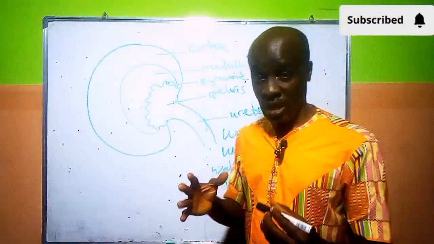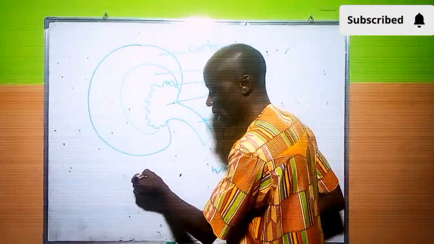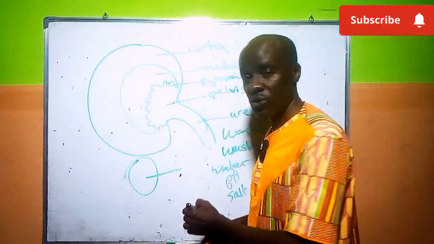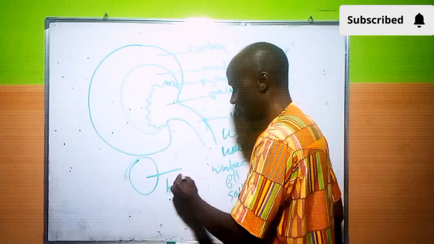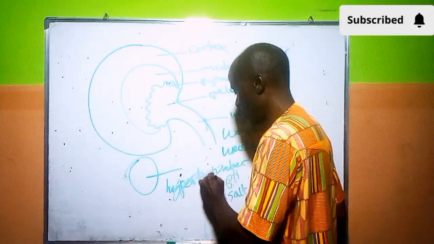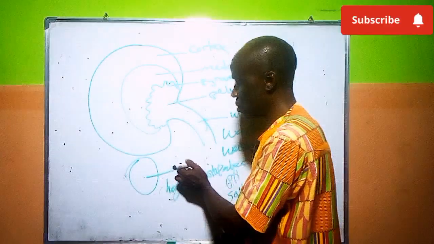Based on osmosis, which I believe all of us by now should know what it means, water will move from the cell to the outside because of the hypertonic environment. The hypertonic environment will cause water to flow from the cell to the outside.